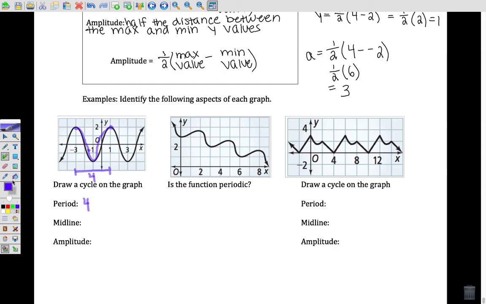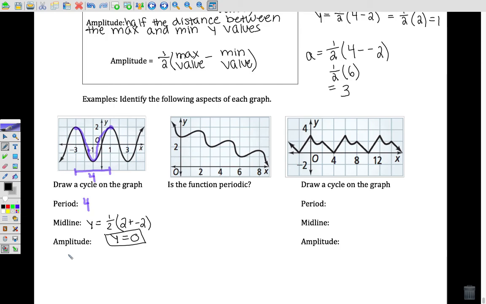To find the midline, we do y equals 1/2. The maximum value is 2, plus the minimum value of -2. So our midline ends up being just at y equals 0. It's perfectly symmetric around y equals 0.